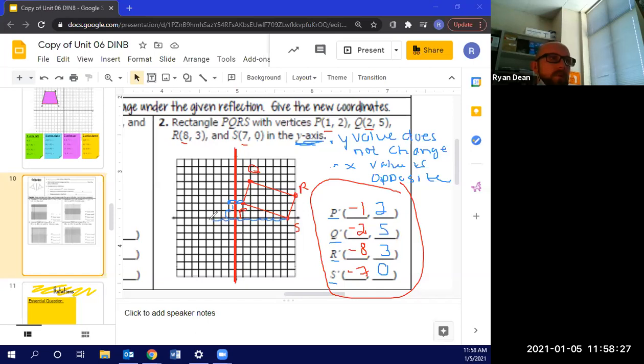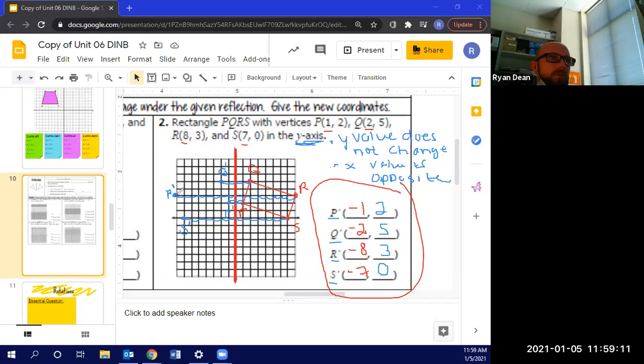Then 6, 5, 4, 3, 2, 1, 0. So here is S prime. R is 8 units away. 1, 2, 3, 4, 5, 6, 7, 8. Then 7, 6, 5, 4, 3, 2, 1, 0. That's R prime. And then Q is 2 away, so 2, 1, 0. Now we have Q prime.